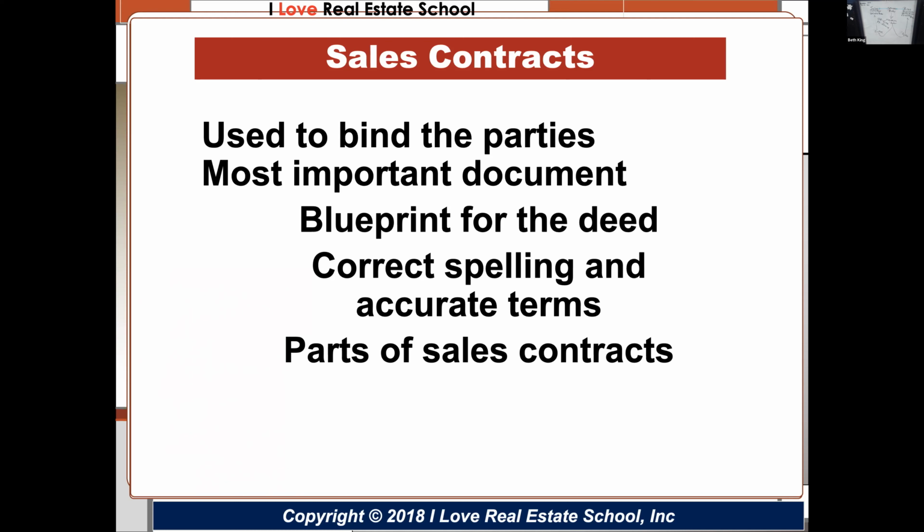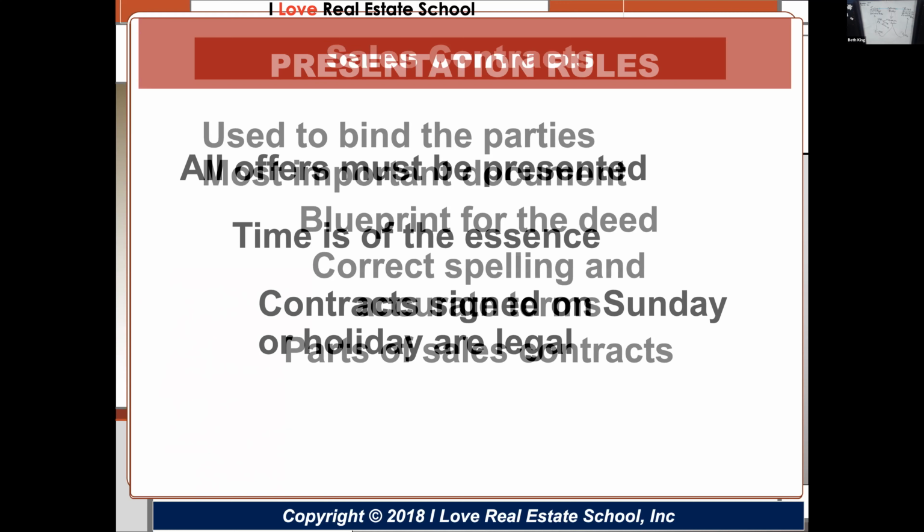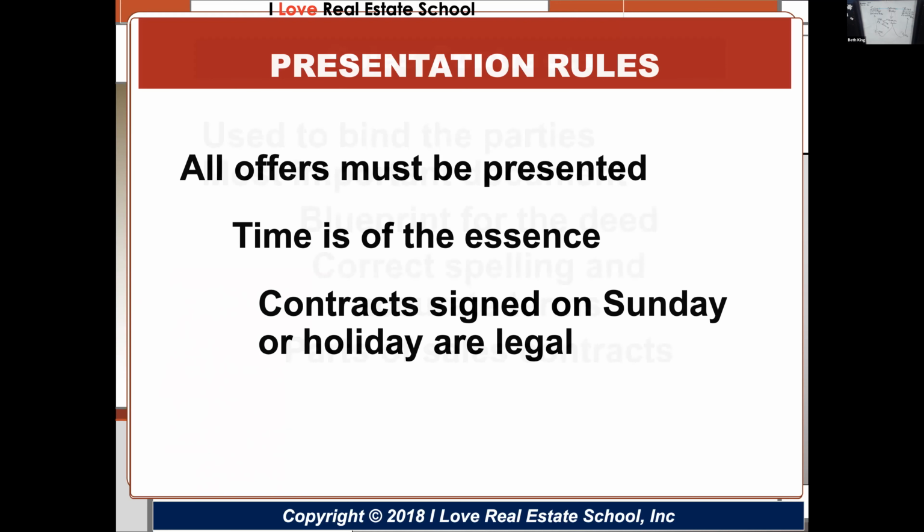So there's a variety of parts of sales contracts that you're going to deal with. What did we say earlier, whether it was today or yesterday, about when we get offers? What do we have to do? Right there on top. Must present all offers, right? Okay. And there's a clause called time is of the essence.